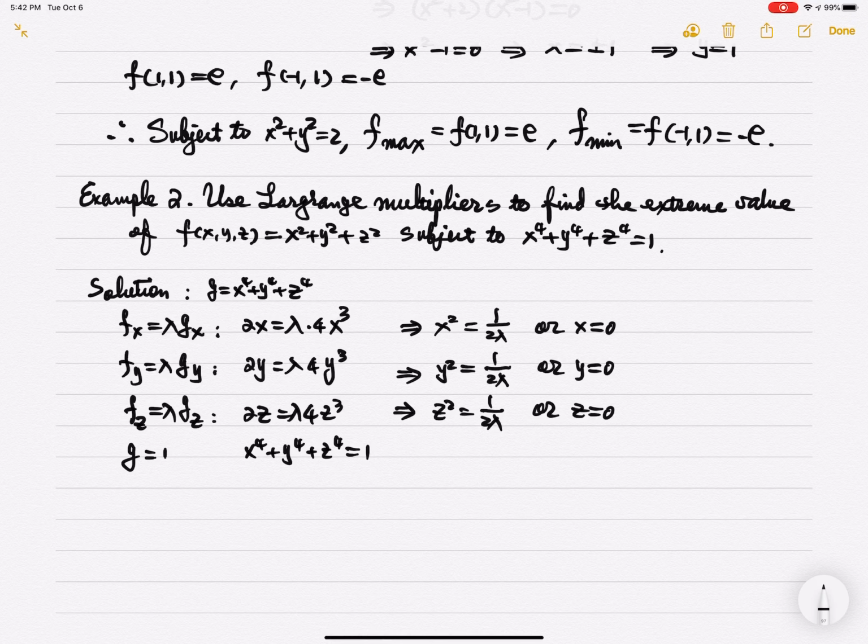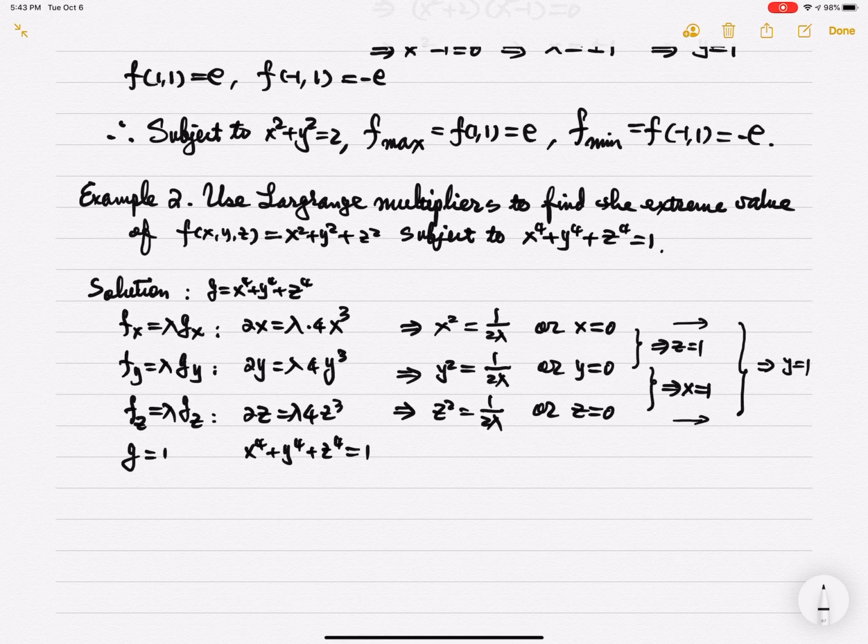If x equal to 0, y equal to 0, then z equal to 1. If y equal to 0, z equal to 0, that means x has to be 1, using g. And if x equal to 0, z equal to 0, then y equal to 1. I think this is a little bit awkward, but that is how it goes.